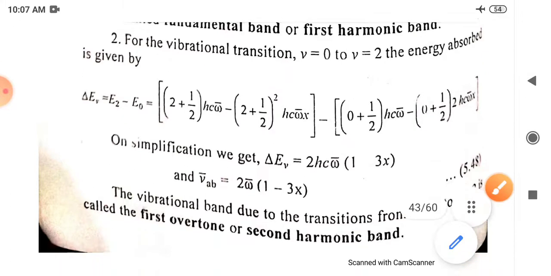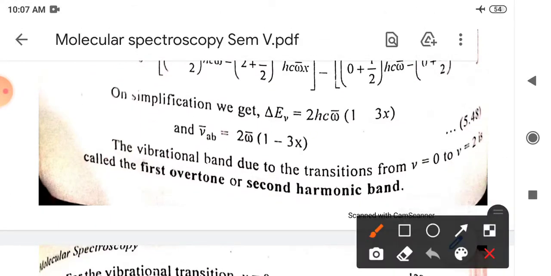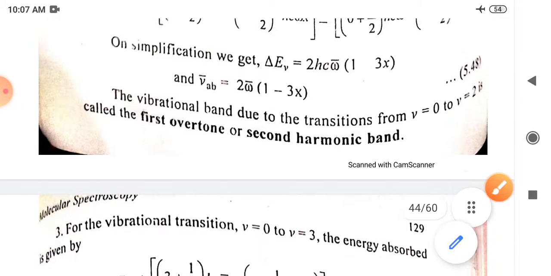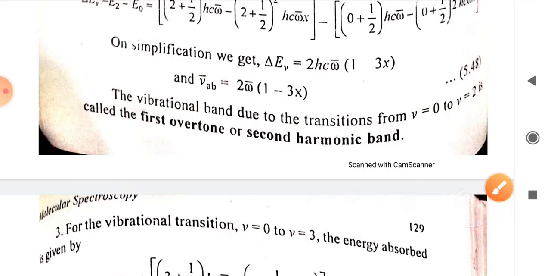Upon simplification we get 2 hc ω̄ into (1 minus 3x), and for the wave number of absorption the hc cancels, so we are left with only ν̄ absorption equals 2 ω̄ into (1 minus 3x).